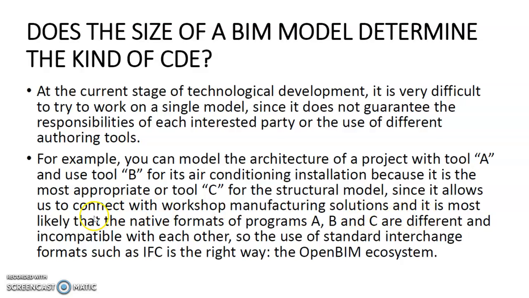It is most likely that the native formats of programs A, B, and C are different and incompatible with each other. So the use of an open standard interchange format such as IFC is the right way to go, within the open BIM ecosystem.